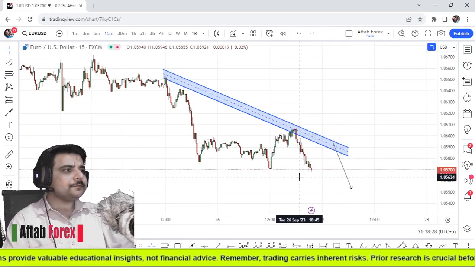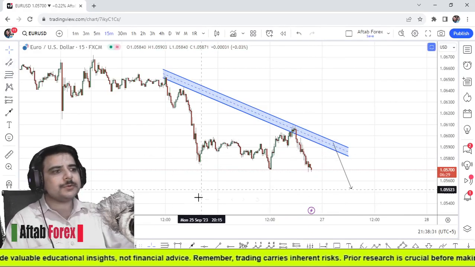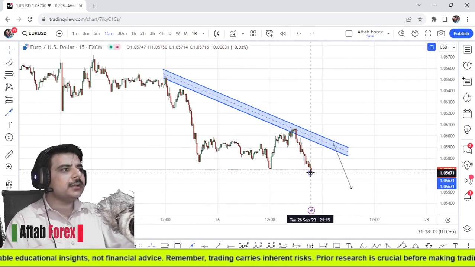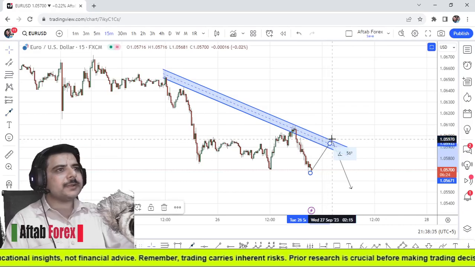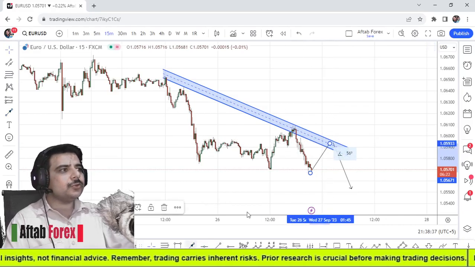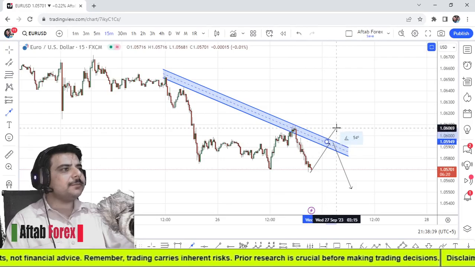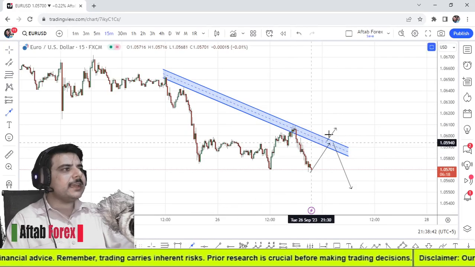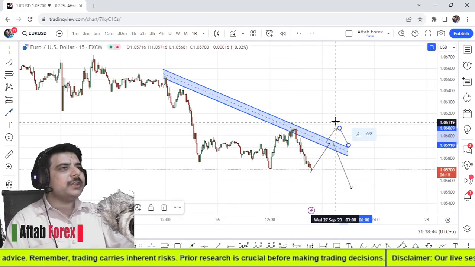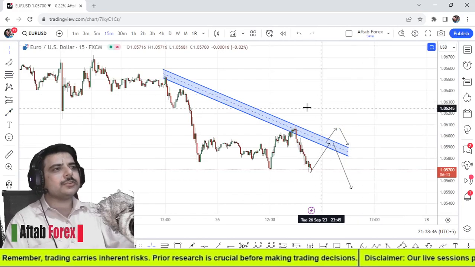Do nothing otherwise, and obviously there is one opportunity if the market goes back up and never respects this trend. If it breaks, then we have to find out, if it breaks the structure and takes a retest, where potentially we can look for our targets for the buy trades.